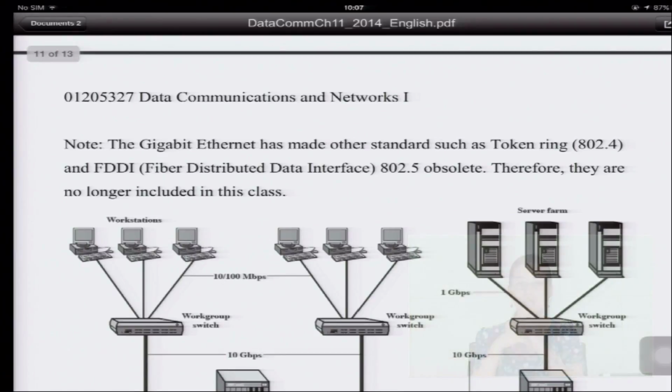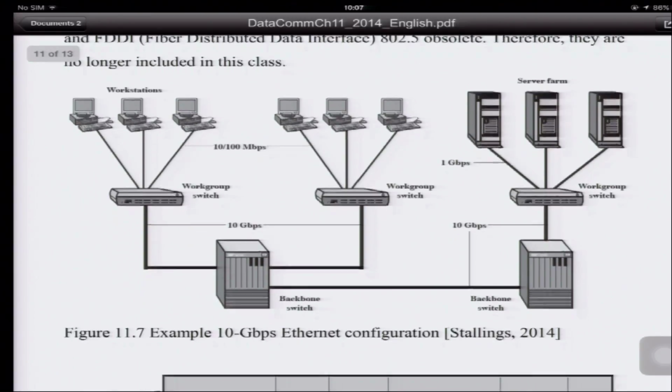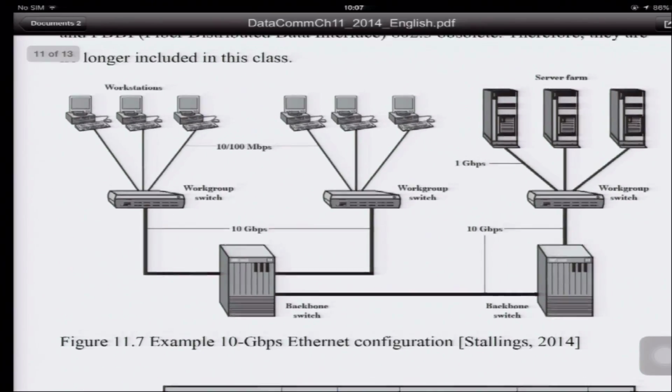Because you have Gigabit Ethernet, the other standards become obsolete, because people don't want to use them anymore. Ethernet is cheap and you have a lot of speed. In the past, I used to talk more about the token ring and the fiber distributed data interface, which are 802.4 and 802.5, but right now, most people use Ethernet.